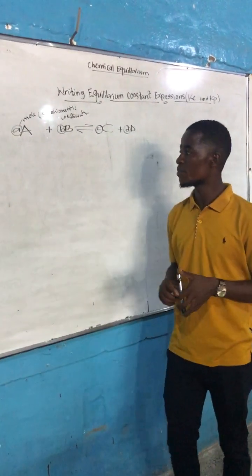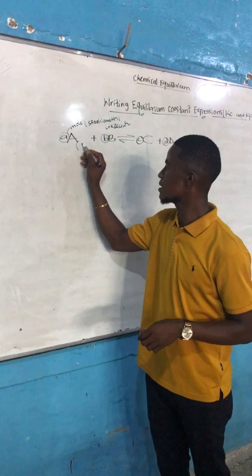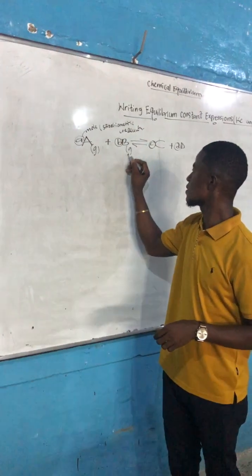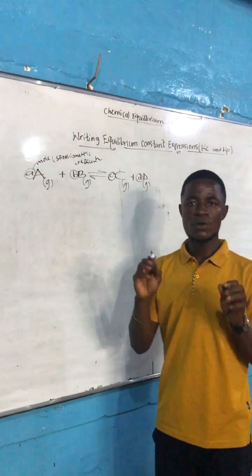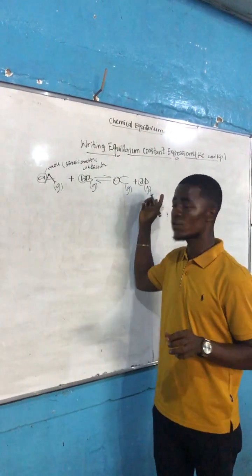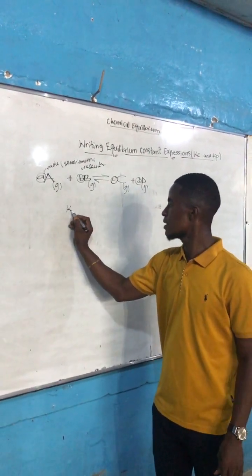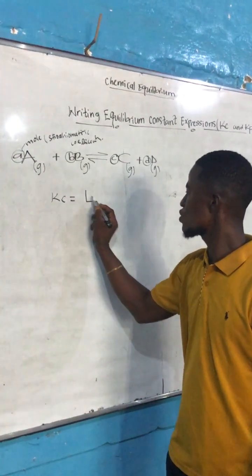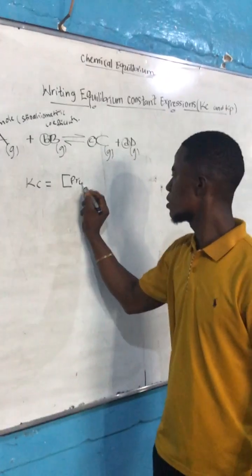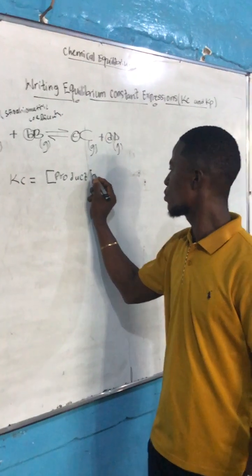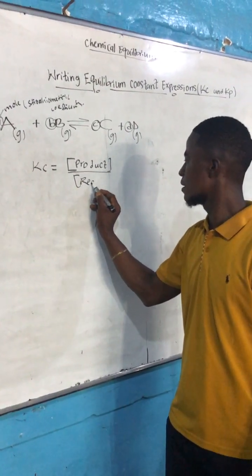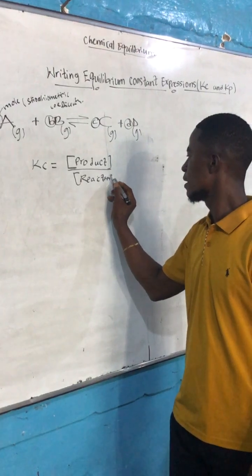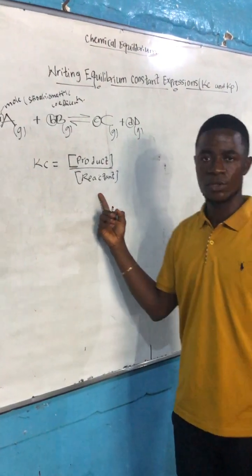So let's look at this reaction for instance. This is a gas, this is also a gas, and this is a gas as well. If I want to write the equilibrium constant expression in terms of Kc, I know that Kc is equal to the concentration of the products all over the concentration of the reactants. This is the formula that we are going to use.